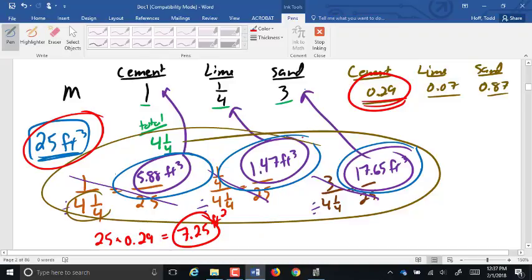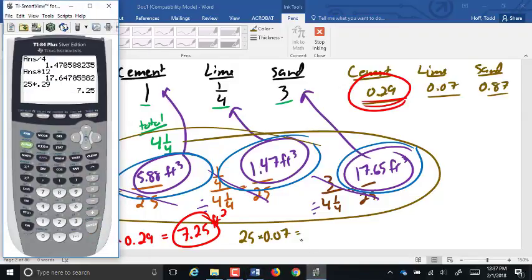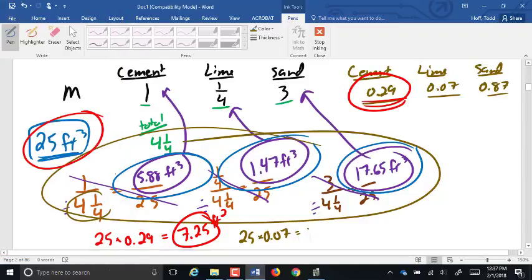For lime, we would do the 25 cubic feet times 0.07, which is going to be 1.75, I believe, but we'll try it. It is 1.75 cubic feet.